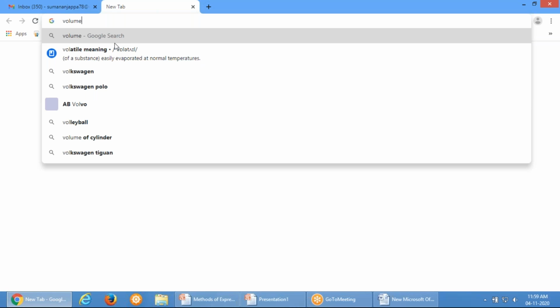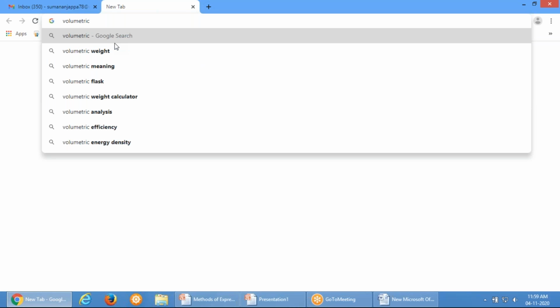After transferring, you can see the marking. Have you seen a volumetric flask?